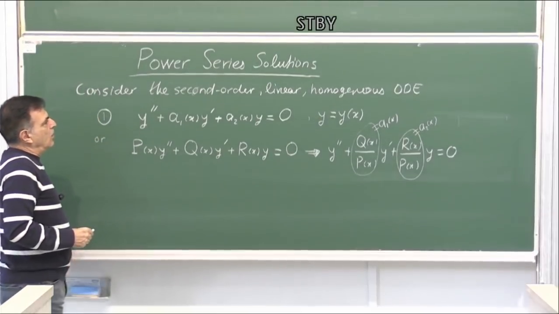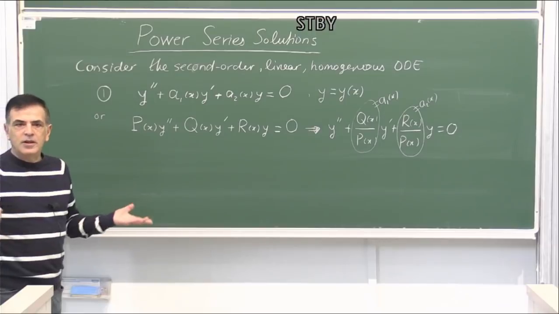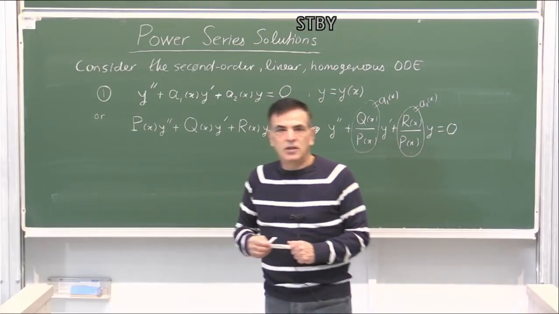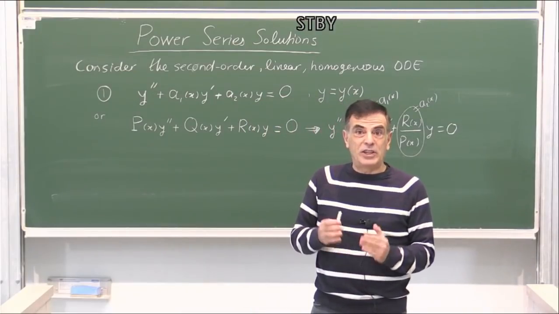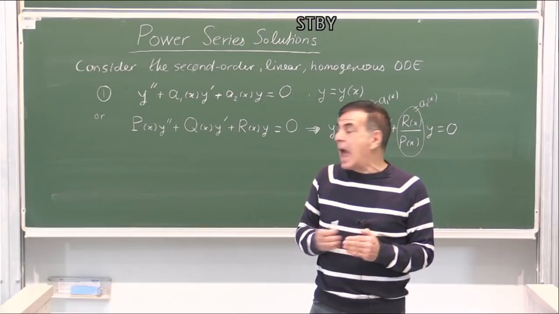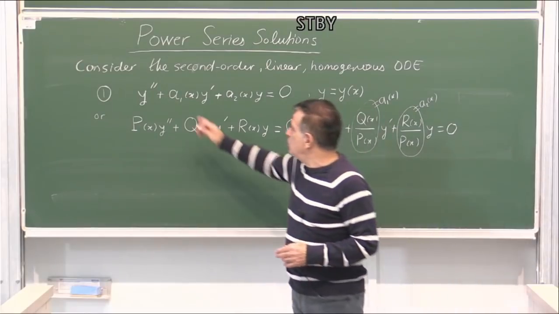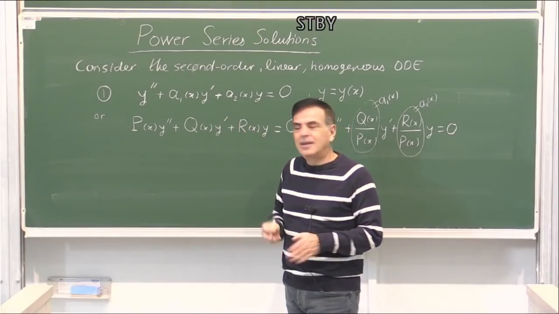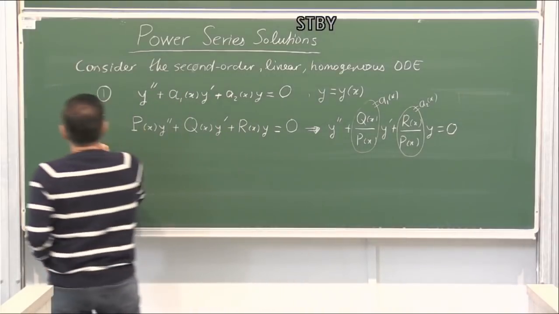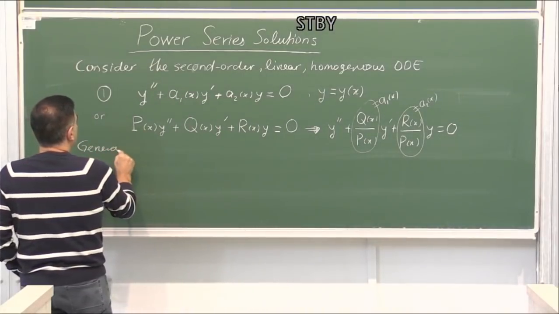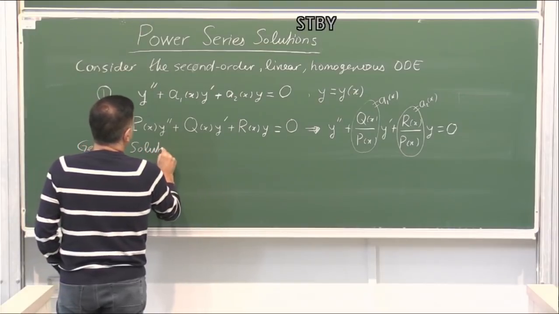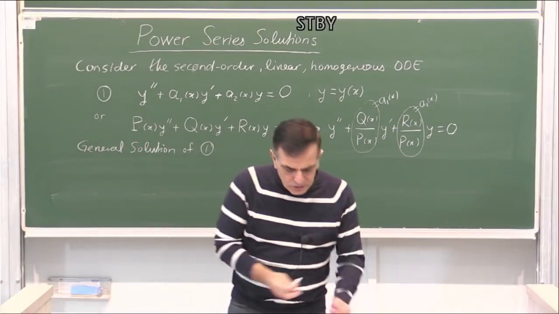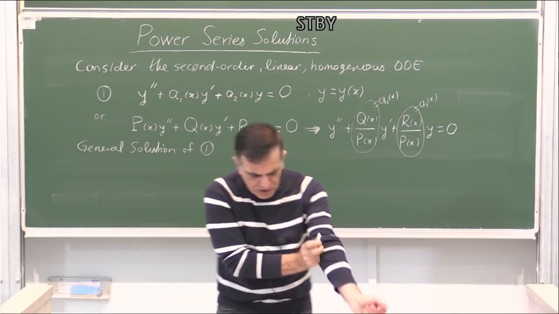Now, we know from the theory of linear ODE that this equation has a solution which exists in some x interval where the two coefficient functions are both continuous. And the type of the general solution of (1) is very well known.